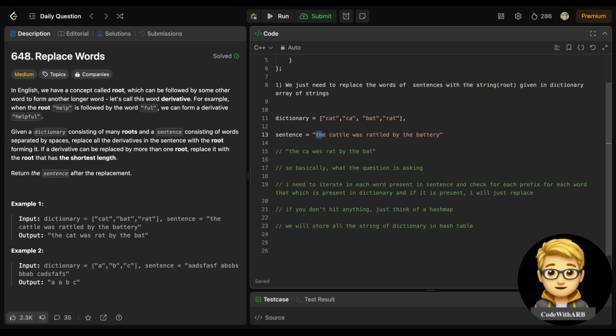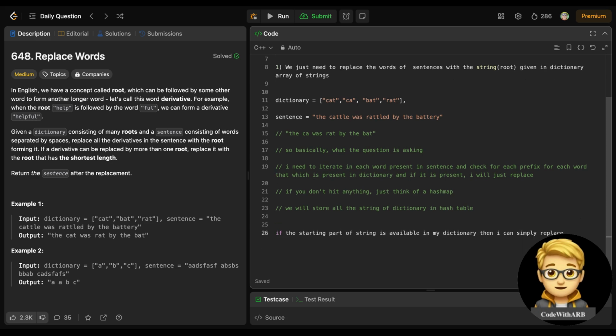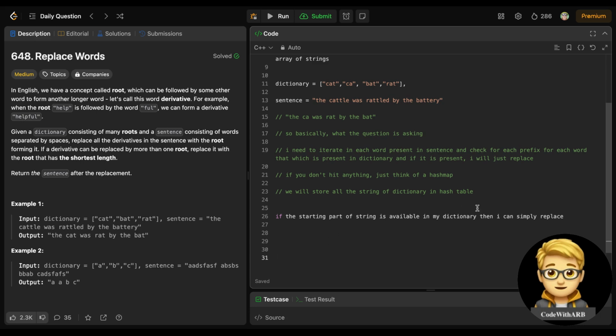If the starting part, the prefix of a string, is available in my dictionary, then I can simply replace it with that, because that would be the minimum length of the root, right?